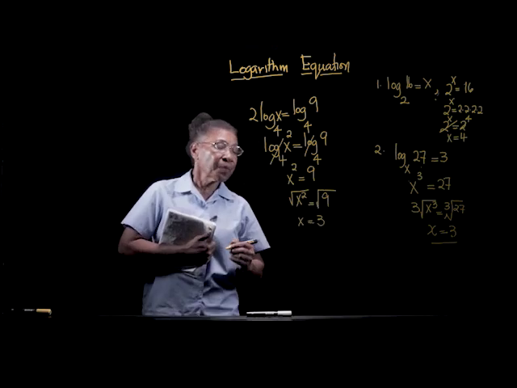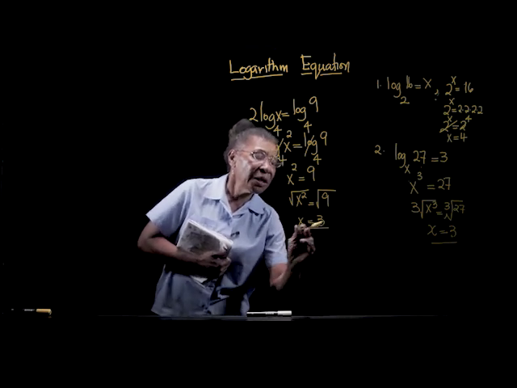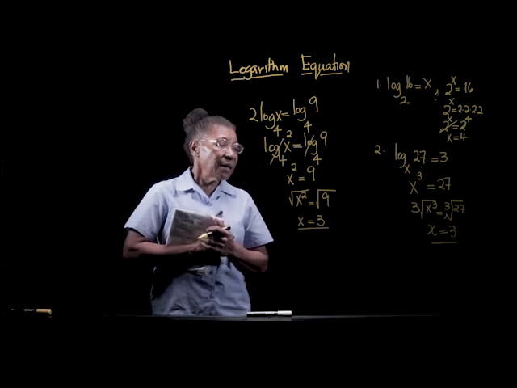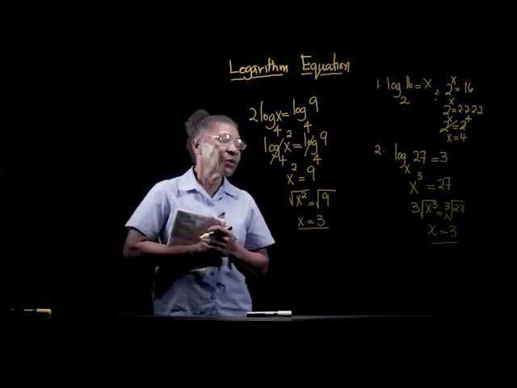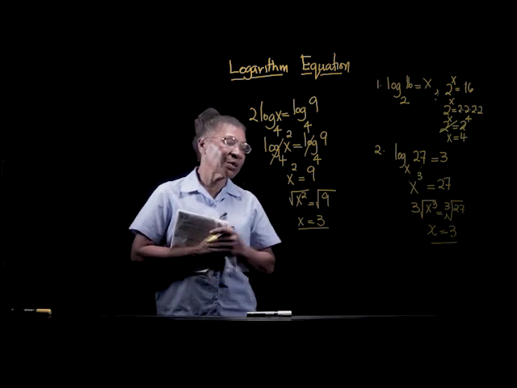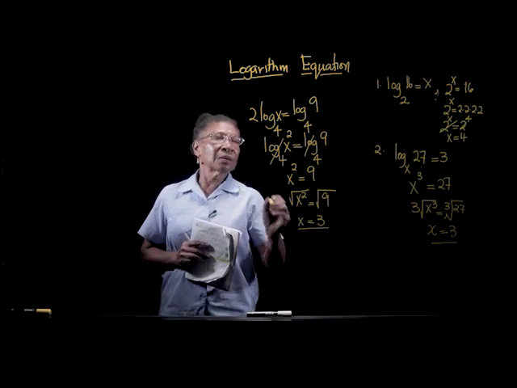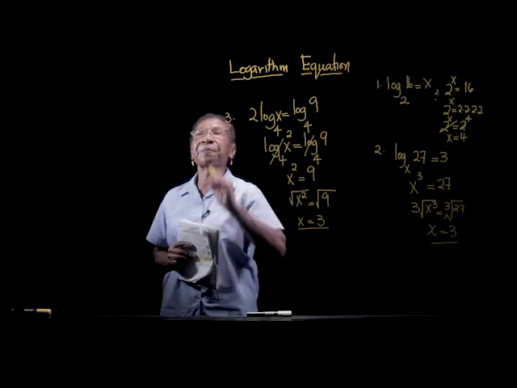The square root of x squared is x, and the square root of 9 is 3. And that gives me example number 3.